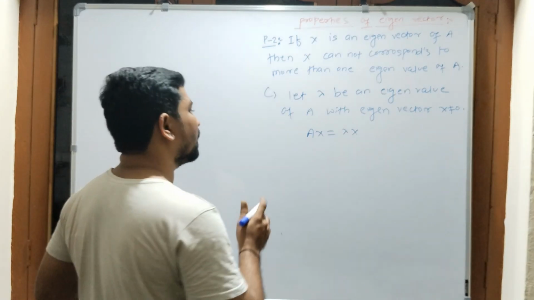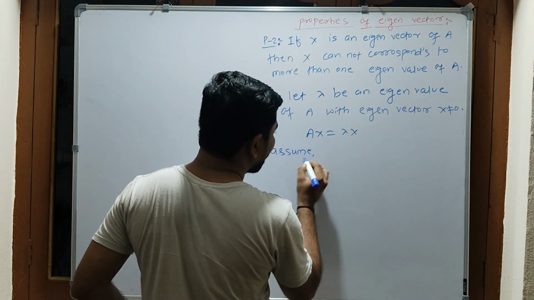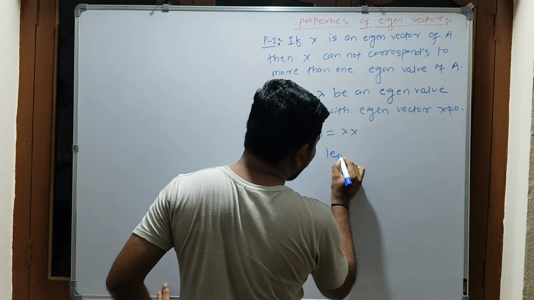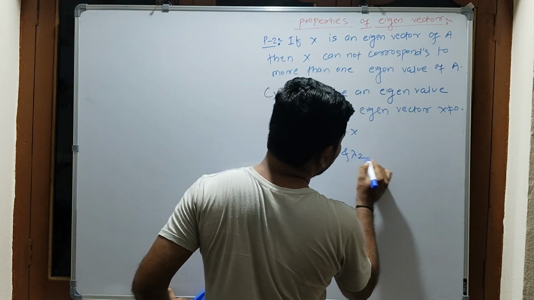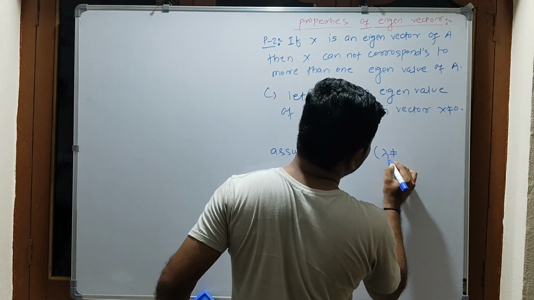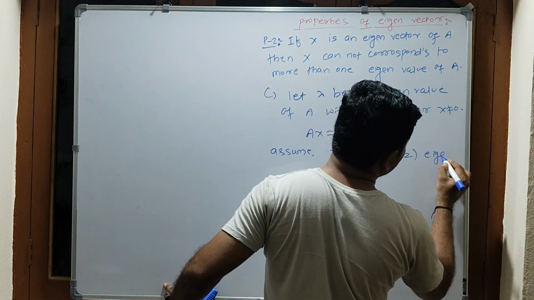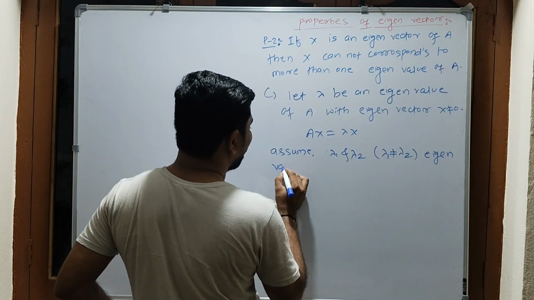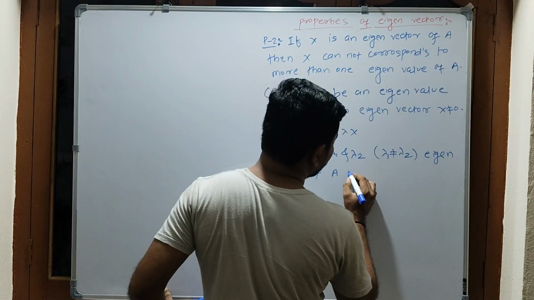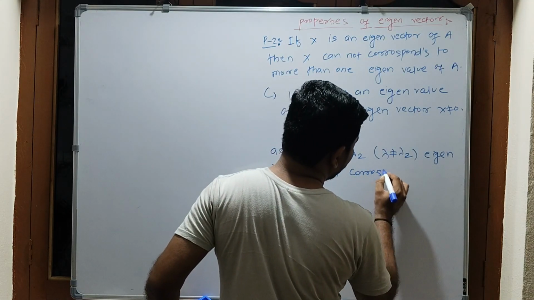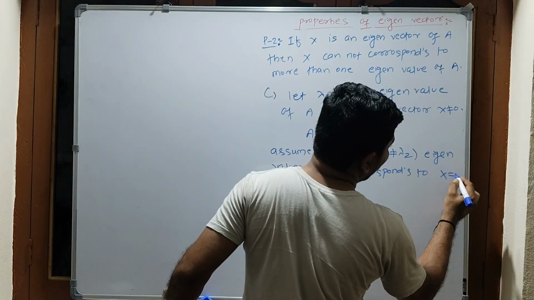Here I am assuming lambda 1 and lambda 2, with lambda 1 not equal to lambda 2, are distinct eigenvalues of A corresponding to x, the non-zero eigenvector.